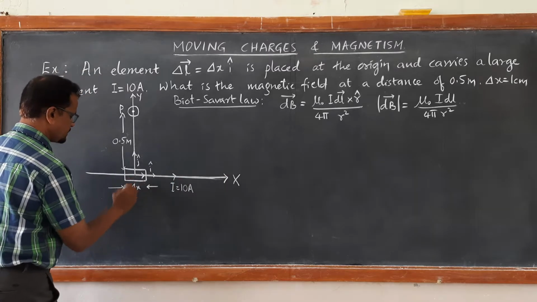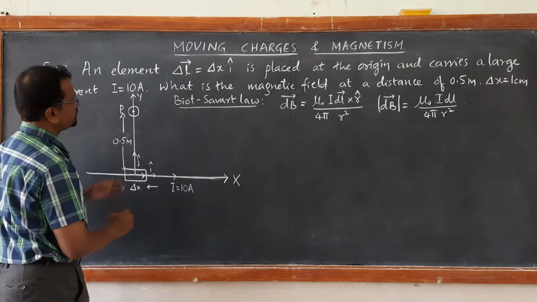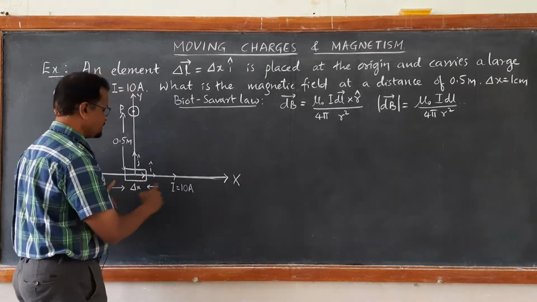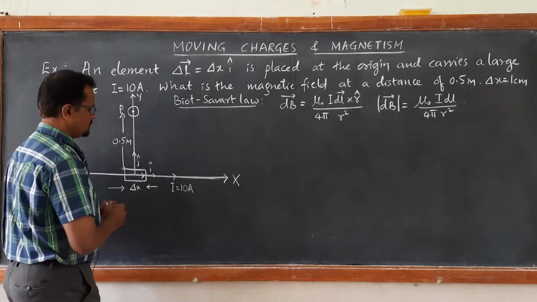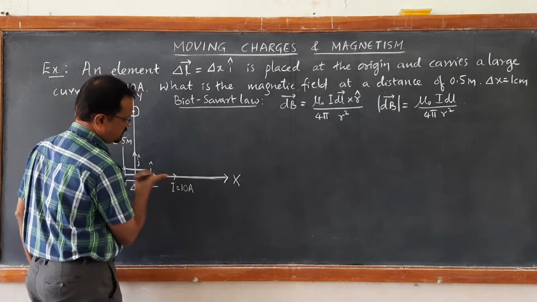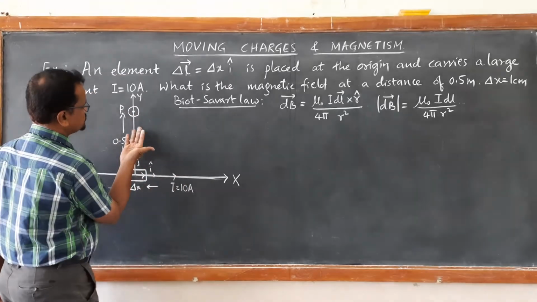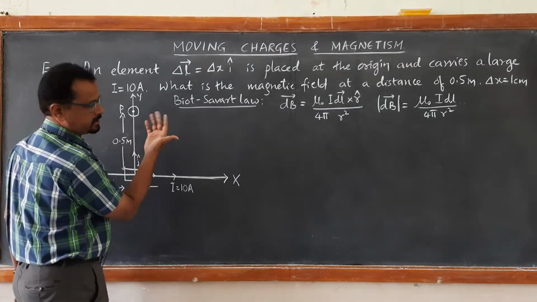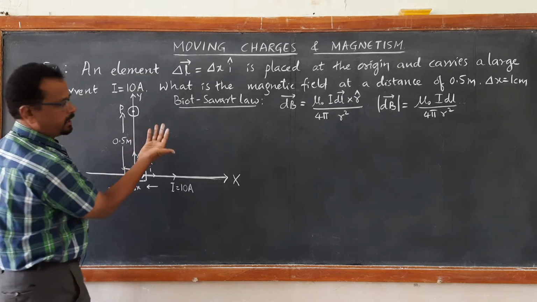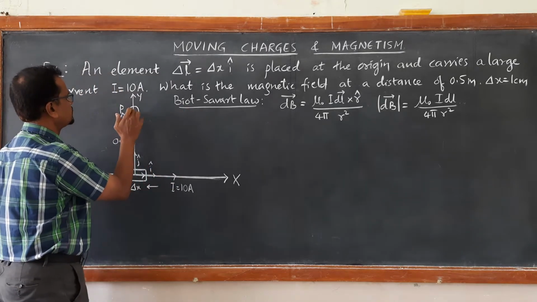The current is along the x axis, and dl is along the x axis. So, hold your thumb of the right hand along the current element, and you see the curling of the fingers. The fingers are pointing outwards, perpendicular to the plane of the board. Therefore, here is the dot.